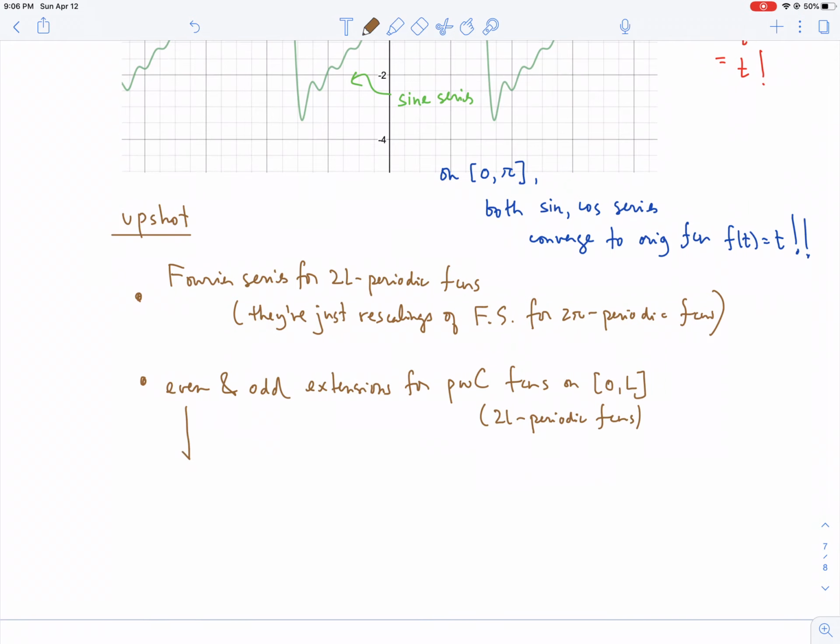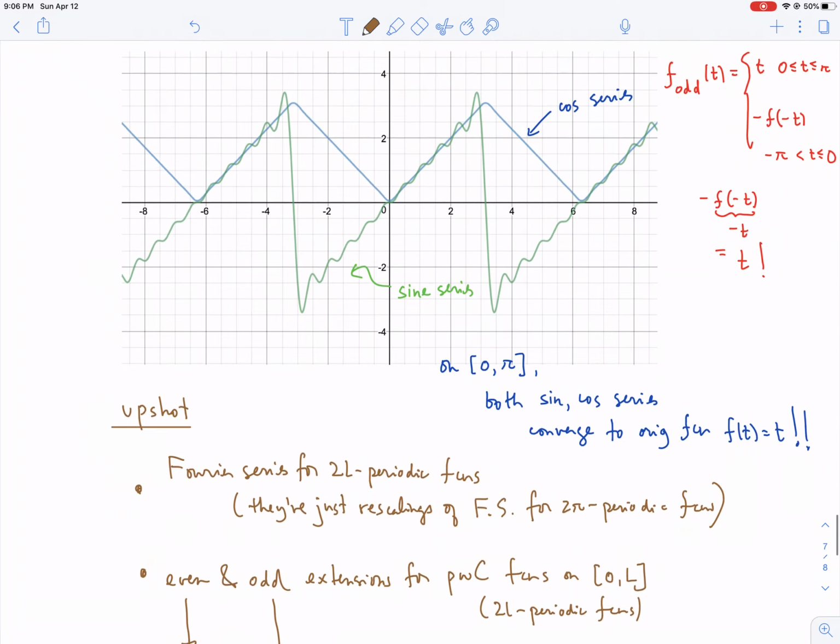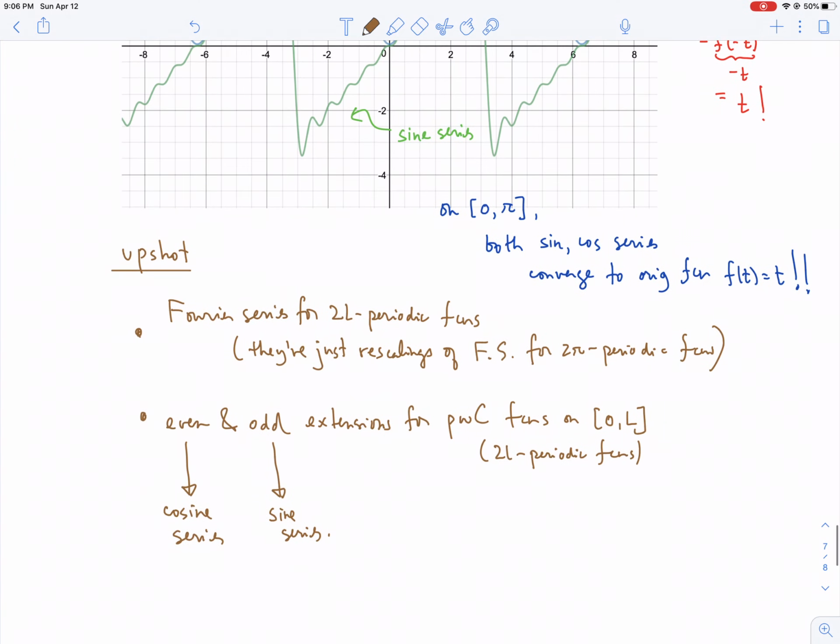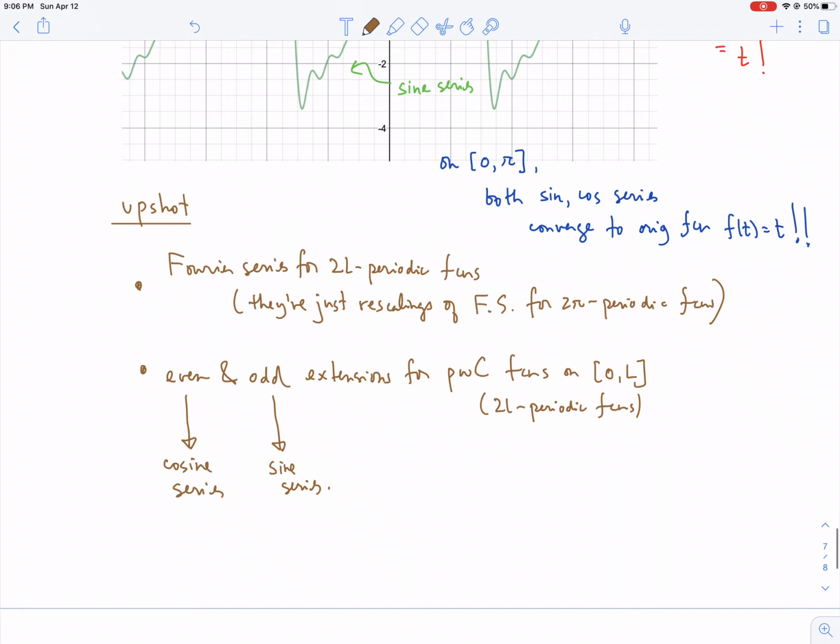And so the even extensions gave us cosine series. And the odd extensions gave us sine series. And on the original interval from 0 to L, they each converged to the original function. Okay, that is it.